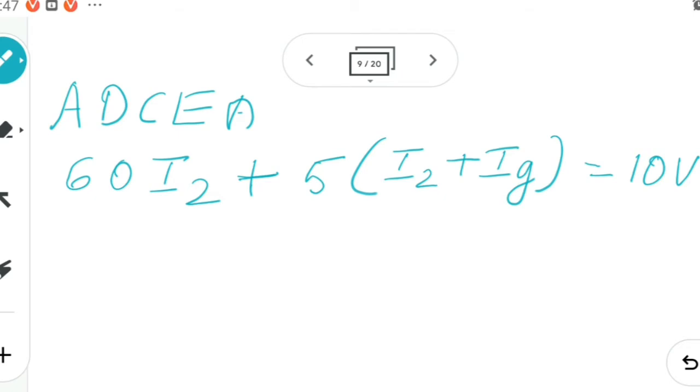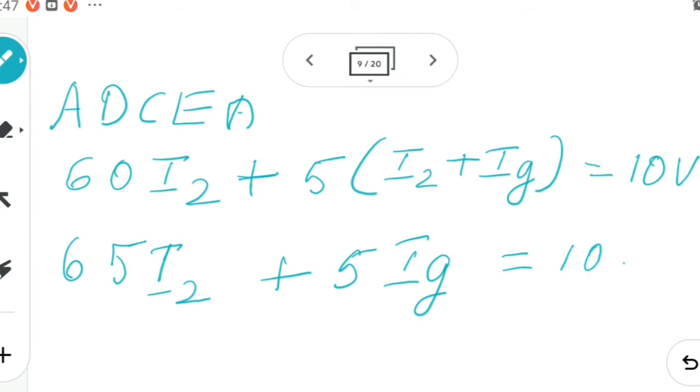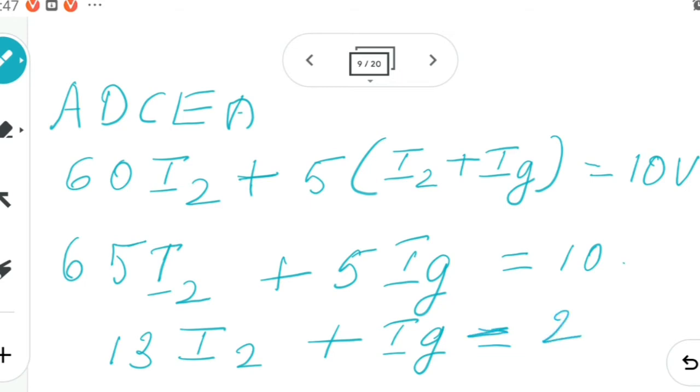So simplifying, we have 65 I2 plus 5 Ig equal to 10, which simplifies to 13 I2 plus Ig equal to 2. Let's call this equation 3. So we have 3 unknowns and 3 equations. We can solve these equations and find I1, I2 and Ig.